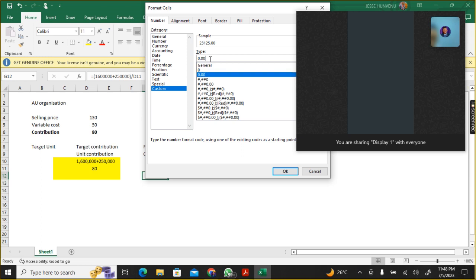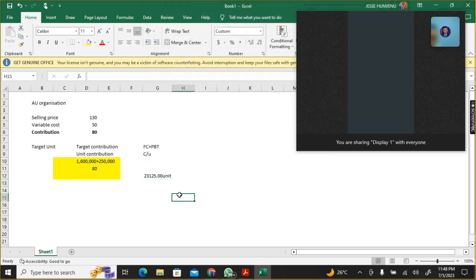So you can just put our unit here, so this is in units.